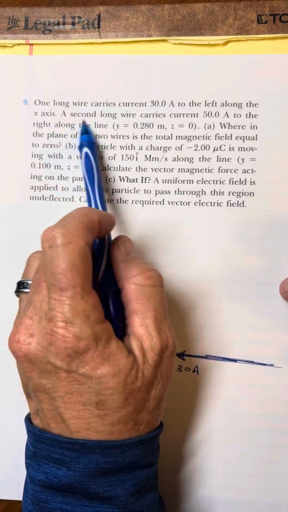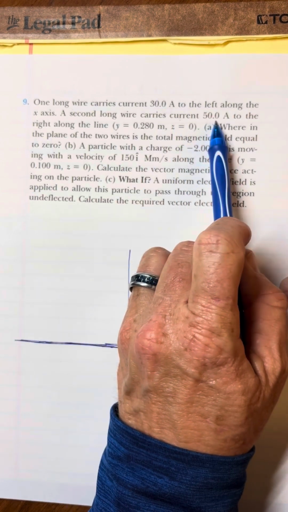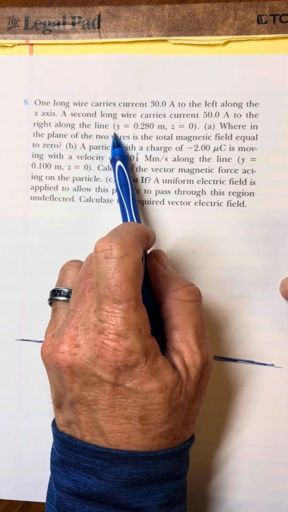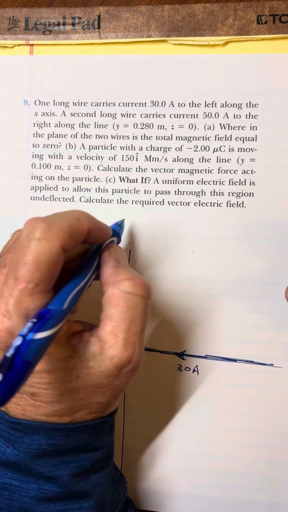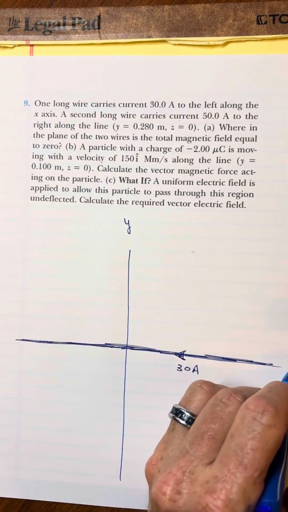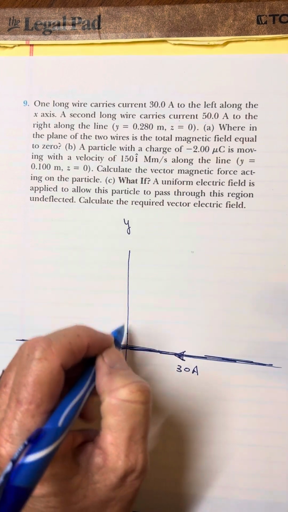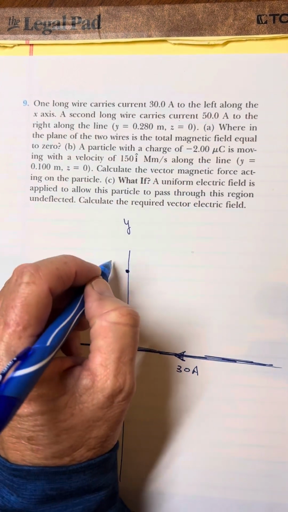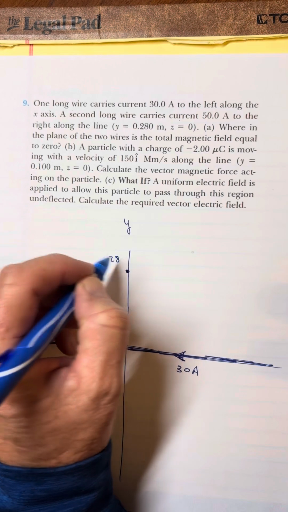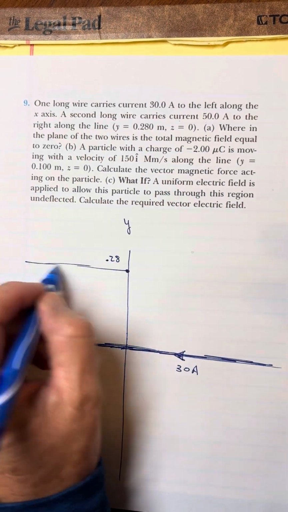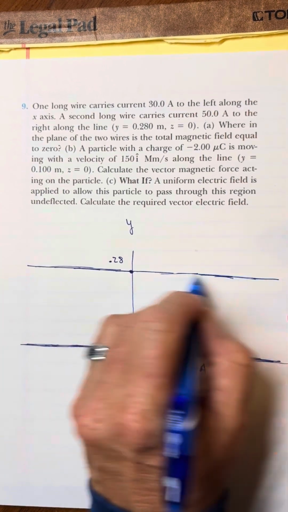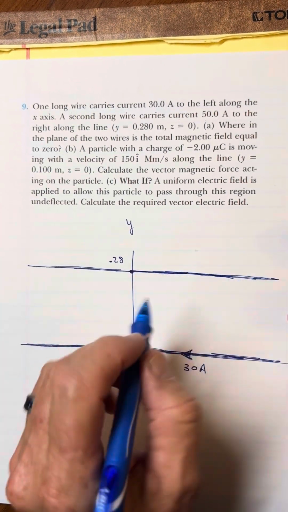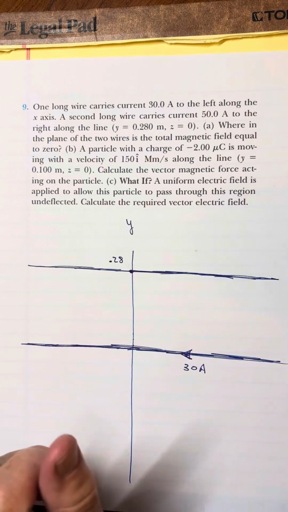Then it says there is a second long wire that carries 50 amps to the right, and it's at position y equals 0.28 and z equals 0. Calling the vertical axis the y, I'll come up to 0.28 meters and draw a line that represents y equals 0.28, in the plane z equals 0.